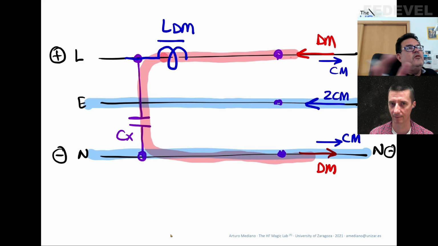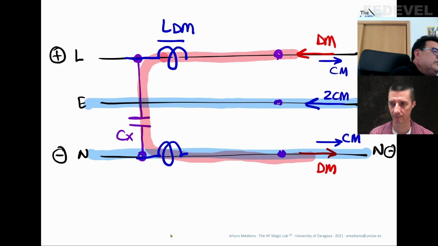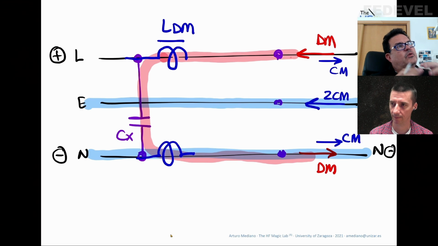So you have the common mode current circulating. Obviously, the differential mode inductor introduces impedance in the upper line, but not in the bottom line for the common mode. So for the common mode, you need to introduce another inductor. You need to duplicate one inductor: one in line, another in neutral, or you need one inductor in the earth.